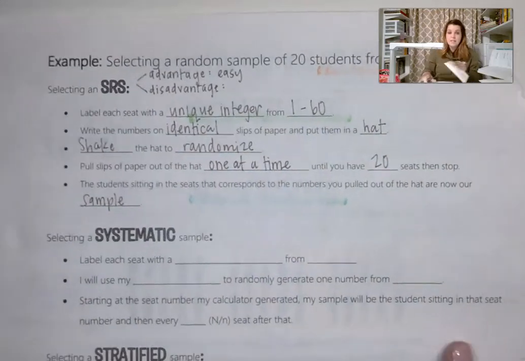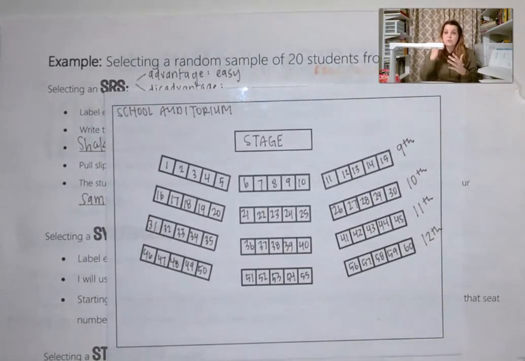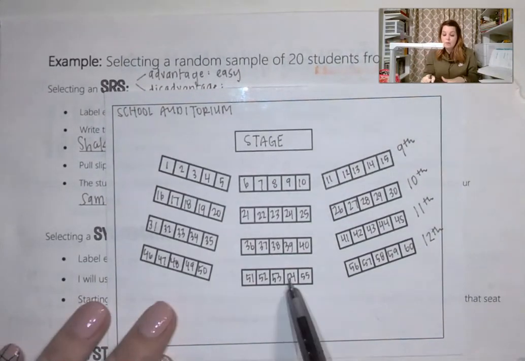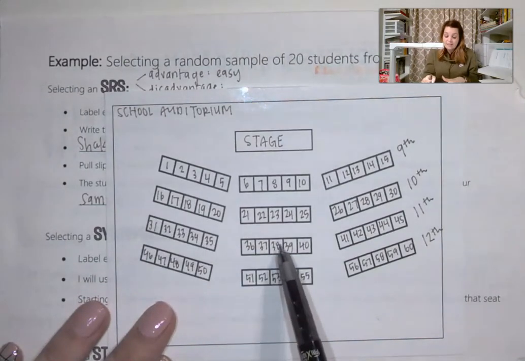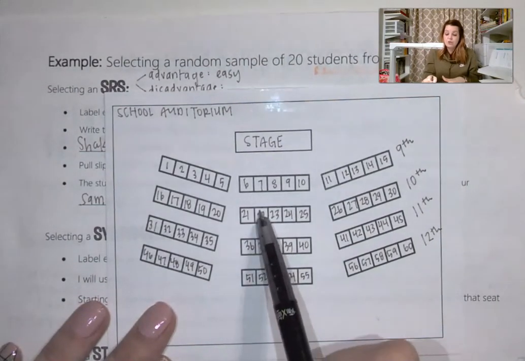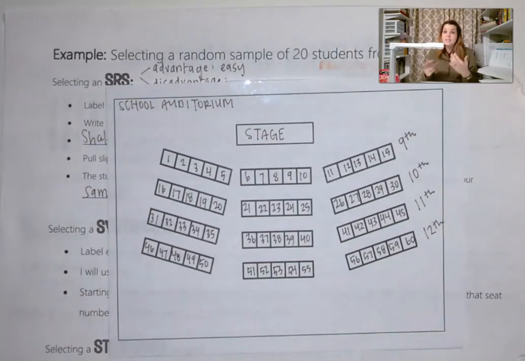So when we take this simple random sample, because each student has the same chance of being chosen, I could end up with like 10 12th graders, 5 11th graders, 2 10th graders, and 3 9th graders. If I take a simple random sample, I have no control over the amount of kids I get from each grade level.